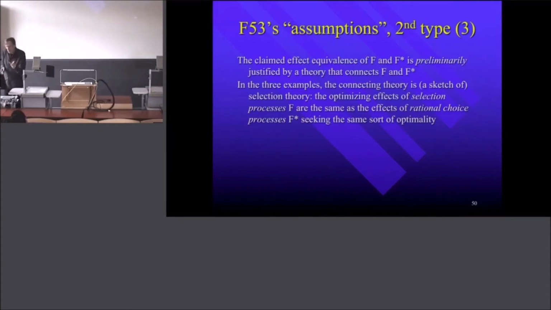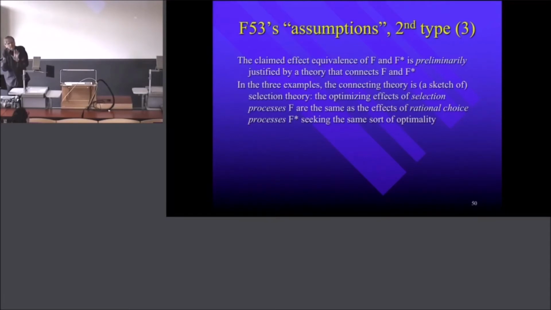So in these, the optimizing effects of selection processes are the same as the effects of rational choice processes, F star, seeking the same sort of optimality. What you know from theoretical economics is that if you do it rationally, then the aim is optimizing something. And you know from biological selection theory, evolutionary theory, that many possibilities are tried out in evolution, and then what you get by selection is the optimal solution that's available, right?